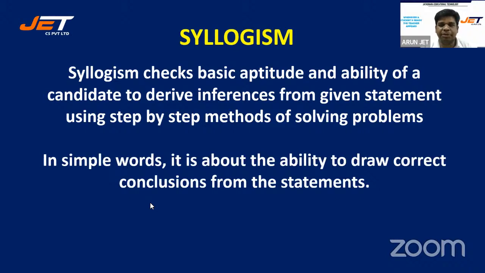In simple words, it's about the ability to draw correct conclusions from statements. Given some statements, if we can draw conclusions about things which we haven't met or gone through, that's called syllogism, students. That ability to draw logical conclusions is what we're going to deal with now.